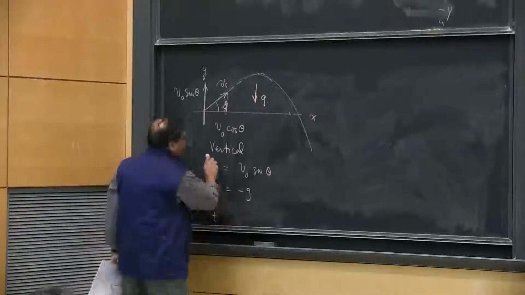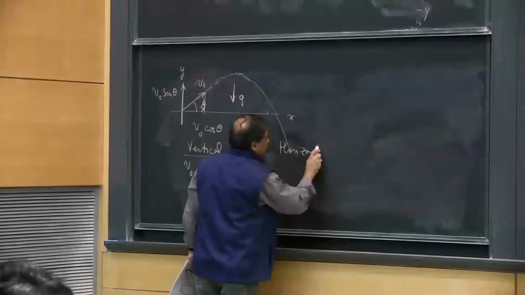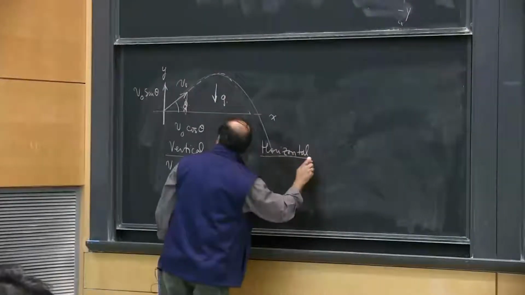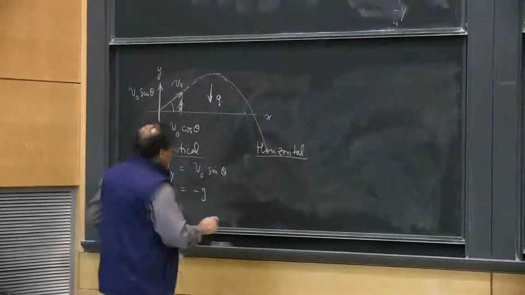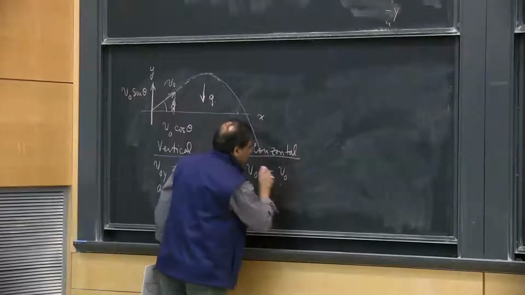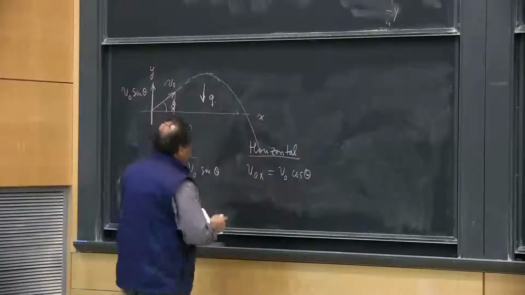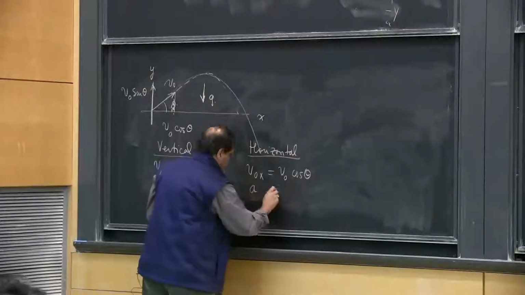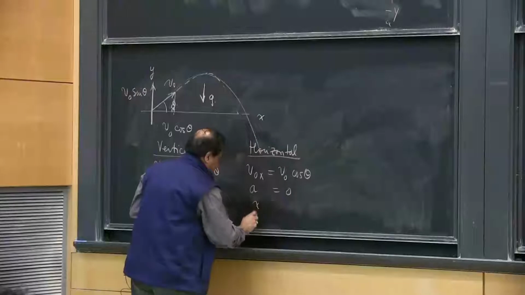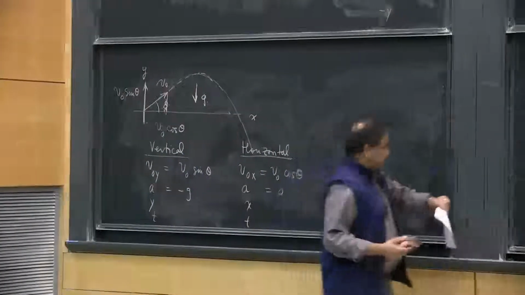We already discussed that. So that's vertical. As far as horizontal motion is concerned, that's quite straightforward. Here we have v0x equal to v0 cos theta, and the acceleration here is 0. And we have x and t, our quantities of interest. So let me go to this board here.